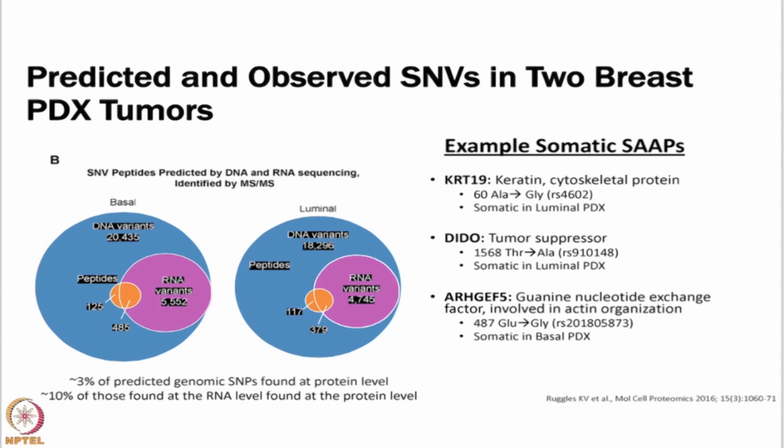So there's a lot of reasons that this could happen, right? Maybe a SNP causes the protein to be degraded, so we're not going to find it. Or maybe a SNP causes the peptide to be homologous to another part of the proteome, so we're going to assume that it's normal even if it's not. Maybe we just don't have the coverage to find these.